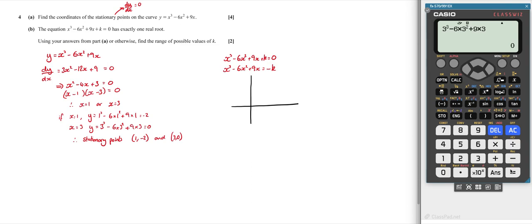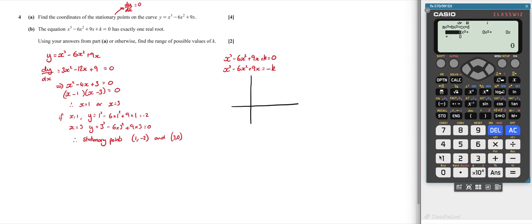And is that possible? Can it go through? Let's have a look. Let's just double check some things here. Let's just check the roots of the original equation.